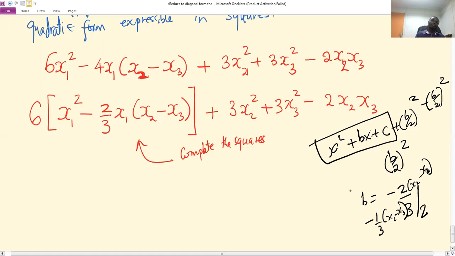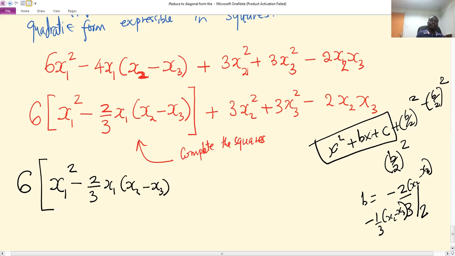So I'll have 6 into x1 squared minus 2 over 3 x1 into x2 minus x3, and then plus, my b over 2 is this term here, so minus a third x2 minus x3, squared.